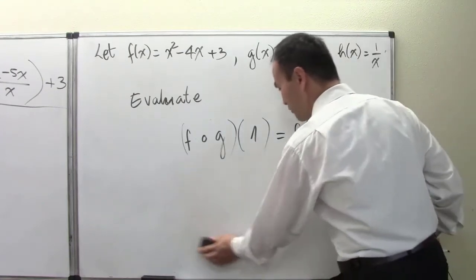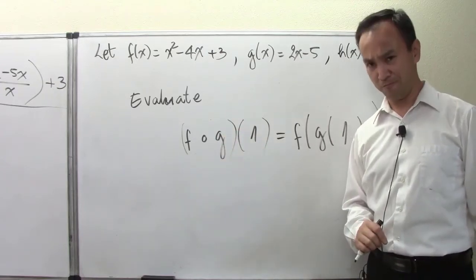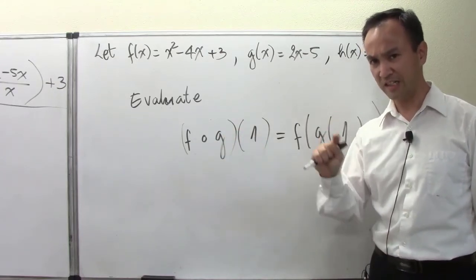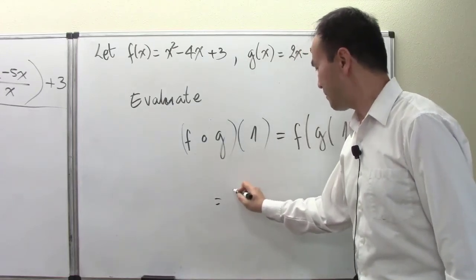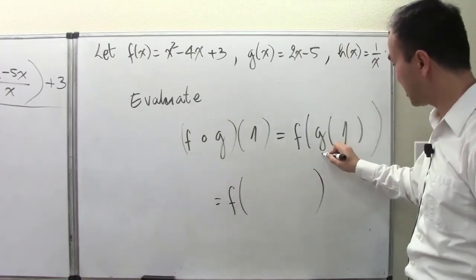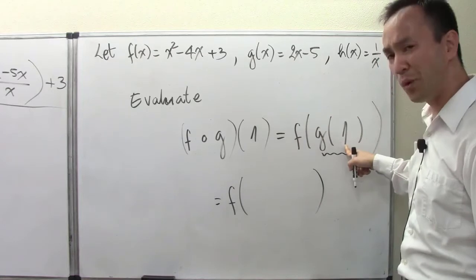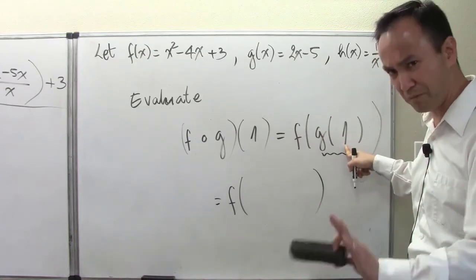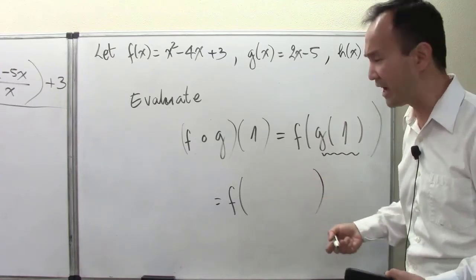Then I also mentioned this when we were still somewhere in example 2 earlier. Just work from the inside out. So that means f of, but g of 1 right here means what? G of 1 means you're going to substitute 1. Now we have a specific number. Bingo, go for it. Because we can evaluate, we can actually do calculation.